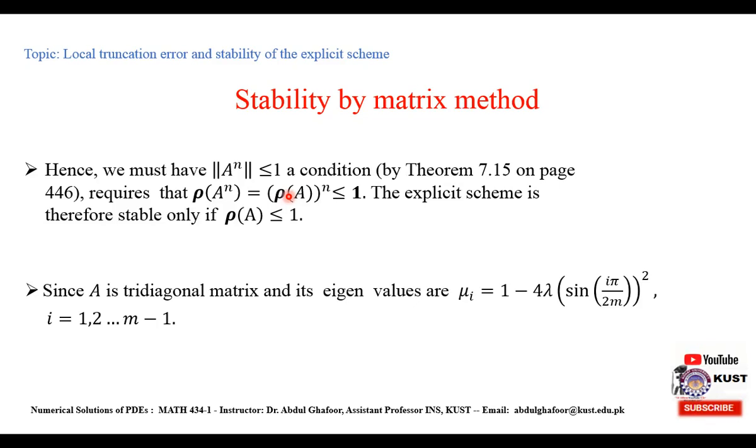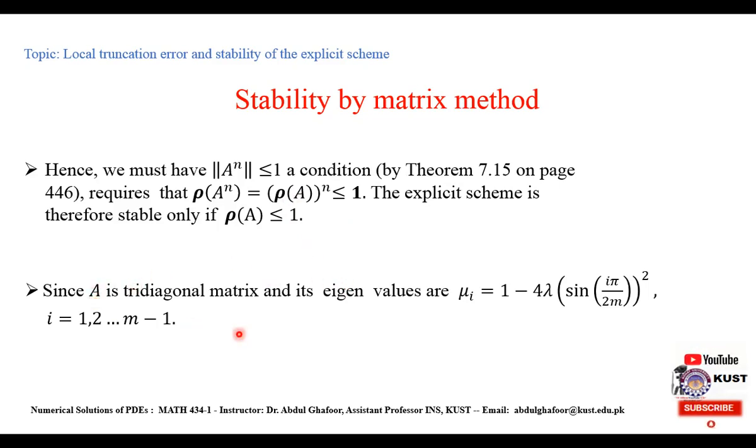Since A is a tridiagonal matrix, as you saw in previous lectures, when we converted the explicit scheme to matrix form, on the left-hand side we have u_{j+1}, and on the right-hand side we have the coefficient matrix A and u_j. That A was a tridiagonal matrix of dimension (m-1) x (m-1) when boundaries are not included.